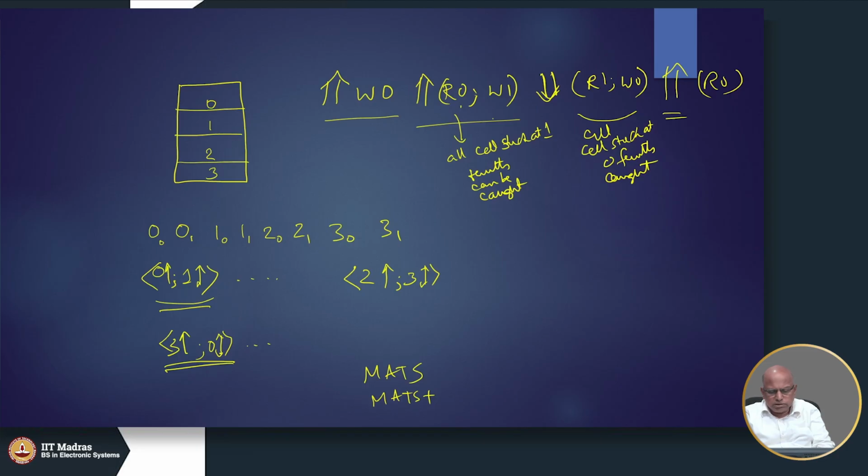Because more operations. Remember, the size of the RAM that we are testing is very high. It's in gigabytes. So even 7n or something like that, 7 multiplied by 1 gigabyte is still a big number.